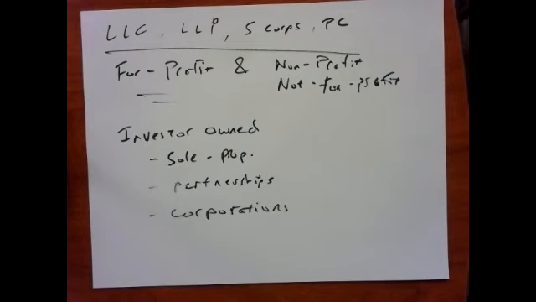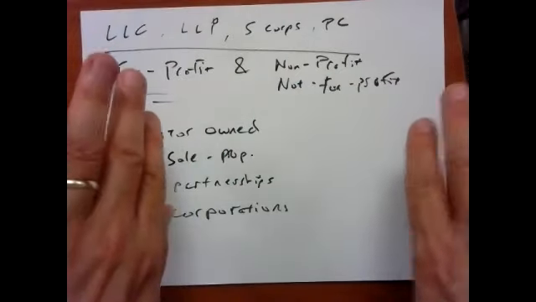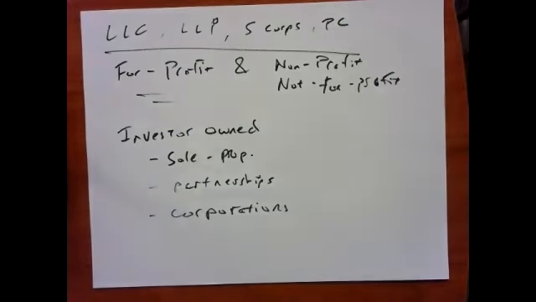And this is where the liability element comes in, because there's no divide between ownership and management. The owner is the manager. In a corporation, it's possible to create a separation between the owners and the managers, and that actually is part of the beauty, if you will, of corporations. You can be a part owner in a corporation and not be involved in the day-to-day management of the organization.